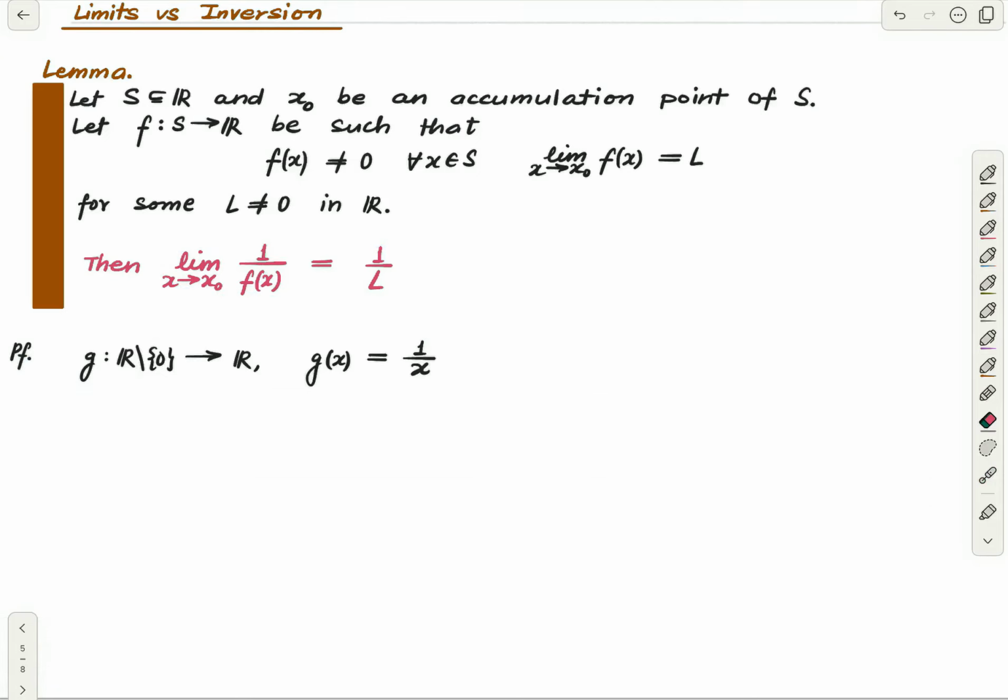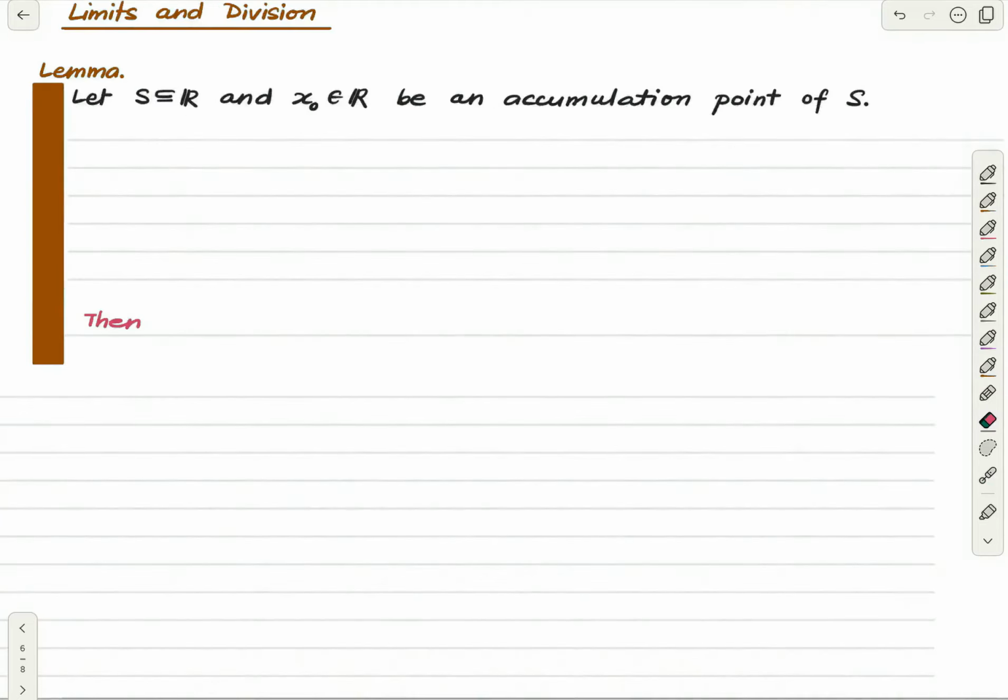Okay. Another thing. We have a set of reals and x naught is an accumulation point of it. And we have two functions f and g on S such that the limit of f exists as x approaches x naught. Same for g.